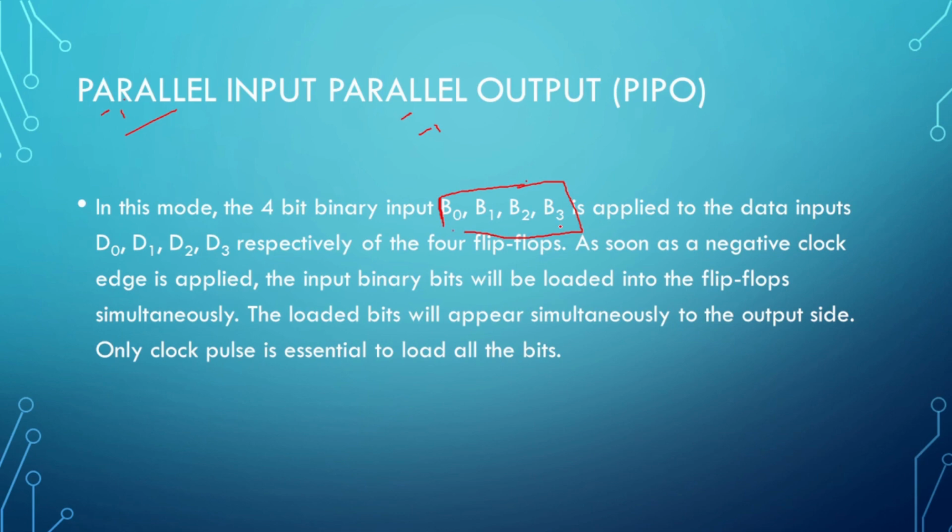B0, B1, B2 and B3 are applied as data inputs D0, D1, D2 and D3 of the 4 flip-flops. Afterwards, you need to give the clock pulse in the negative way, and the input binary bits are loaded into the flip-flops.